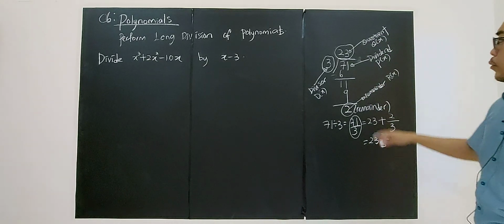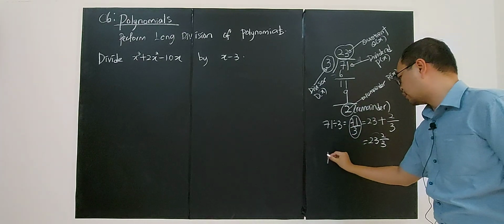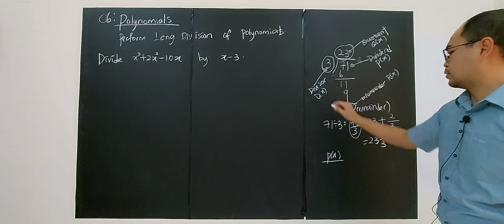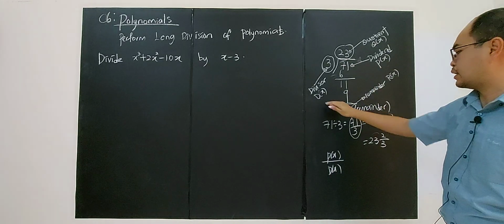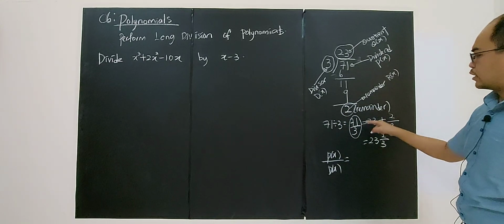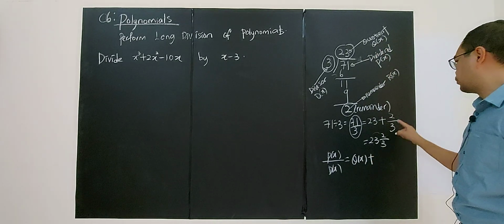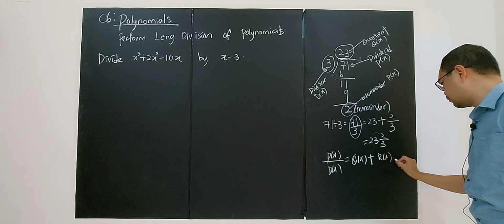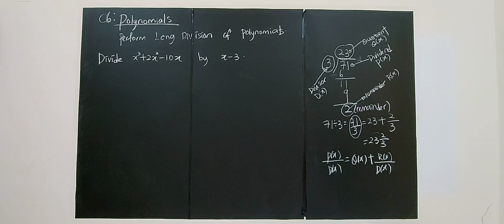From here we can see clearly that P(x), your polynomial, divided by D(x) is the same as the quotient Q(x) plus the remainder R(x) divided by D(x).